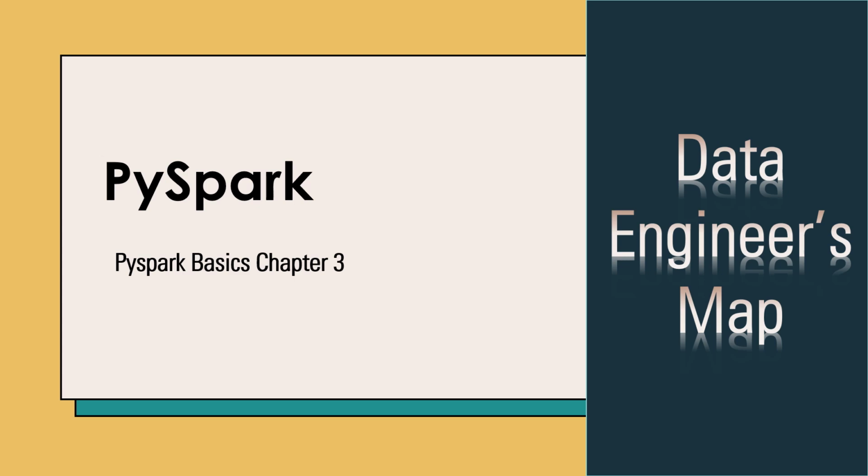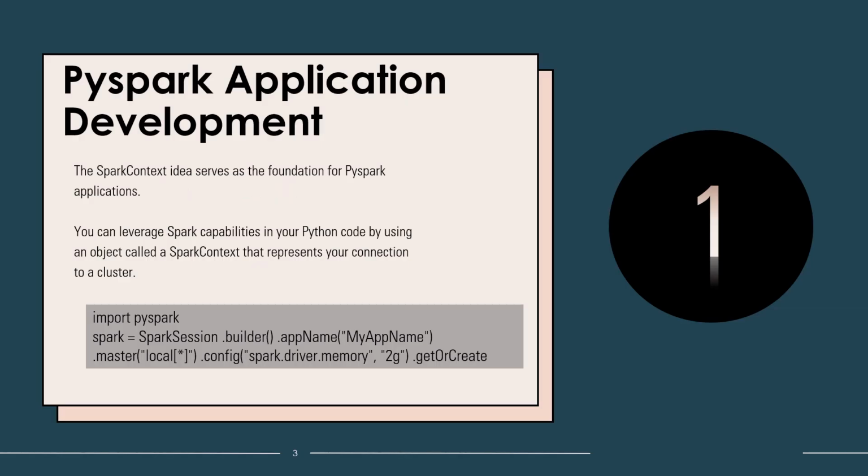It will be PySpark Basics Chapter 3. The very first topic for this session will be PySpark application development. It can be described as the Spark context idea served as the foundation for a PySpark application.